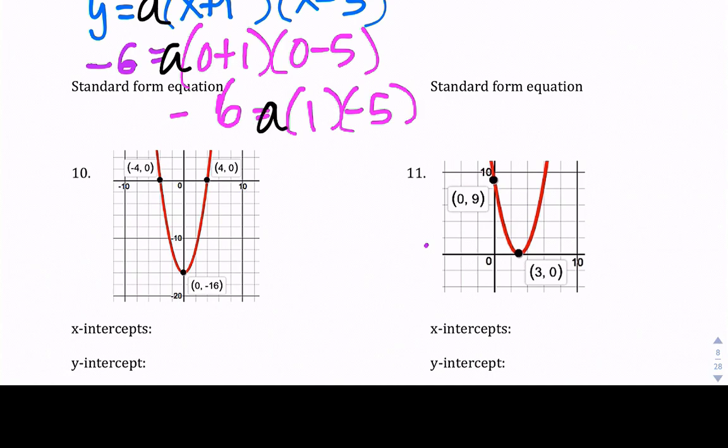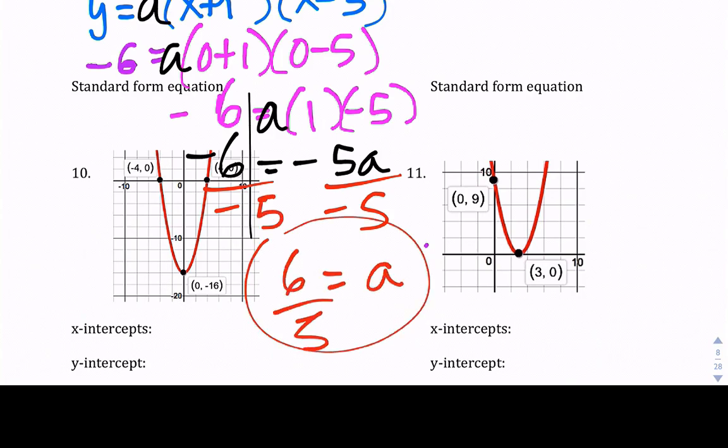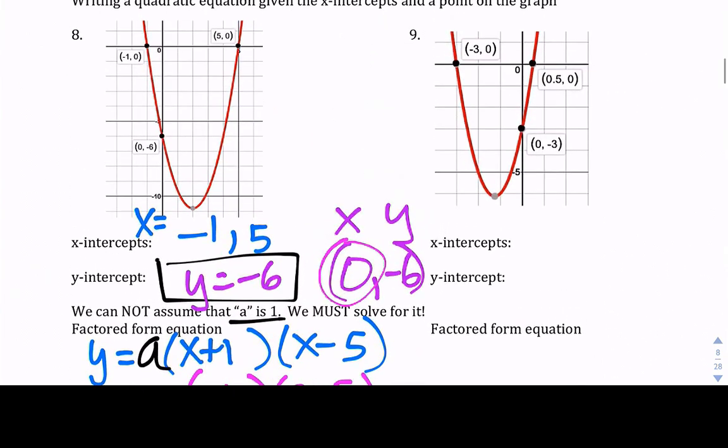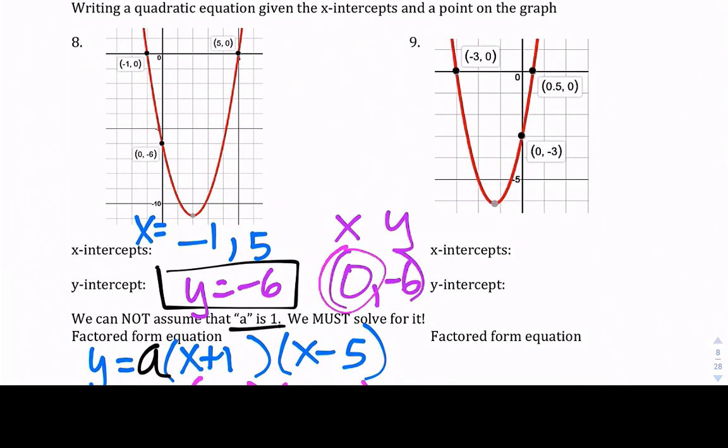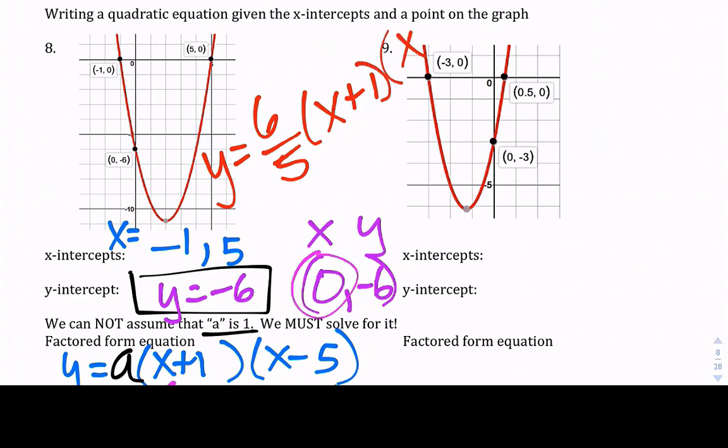Okay, so we're solving for A. And we get -6 equals -5 times A. And we'll divide each side by -5. So here A equals 6/5, which makes more sense because our graph is U-shaped up. It's not upside down. Okay, so our equation is y equals that 6/5, our A value, times our factors, which is x plus 1, x minus 5.